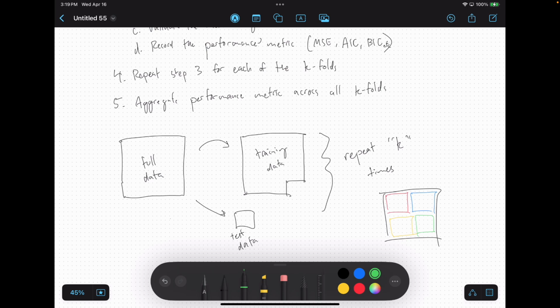Then I would repeat with these 3 and leave out the yellow. Then these 3, leave out the green, and then these 3, leave out the blue. So every time I do it, there's no overlap of testing data that leaks into the model training. Is that what you're asking? Maybe after class I can. Okay, yeah.